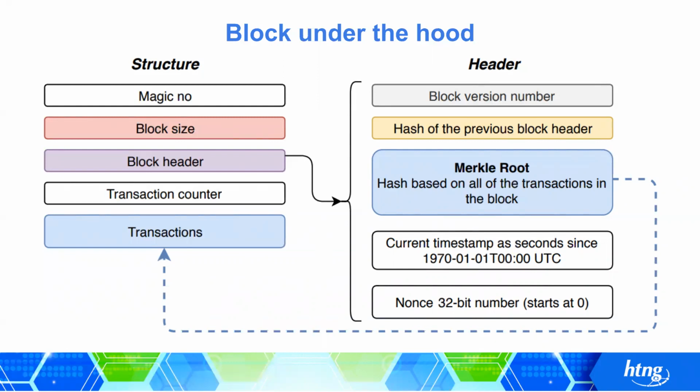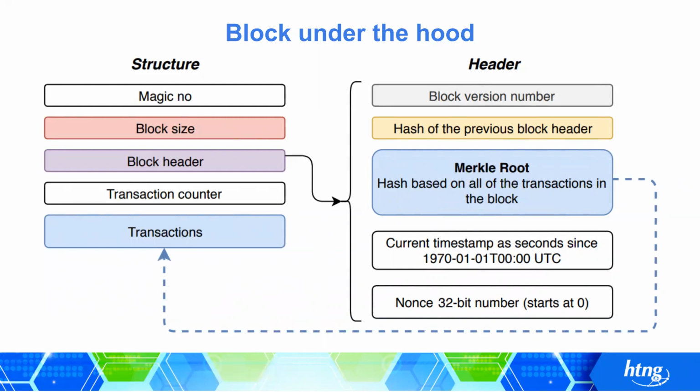And the block header consists of the block version number, the hash of the previous block header, and this interesting thing, the Merkle root. The Merkle root is a hash from the transaction list. It's simply a hash of the current block's transactions, based on all of the transactions in the block.